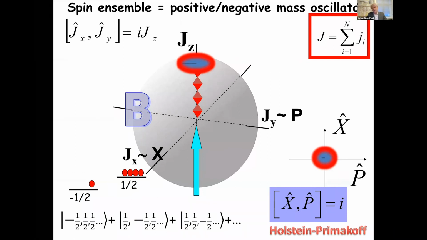So that means that by creating an excited state of this oscillator, I'm reducing its energy. And this is the negative mass oscillator that I'm talking about. And it is embodied in an atomic ensemble in a magnetic field.